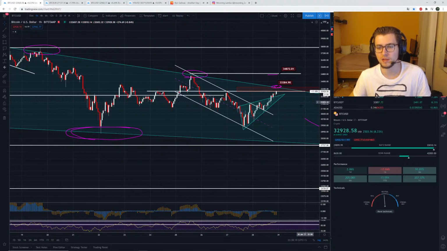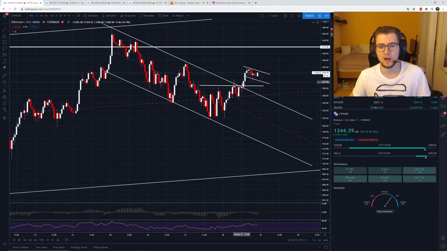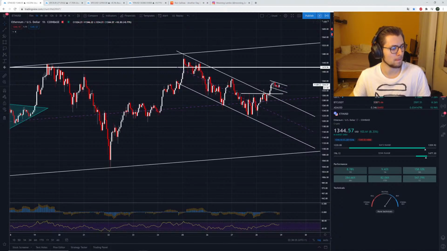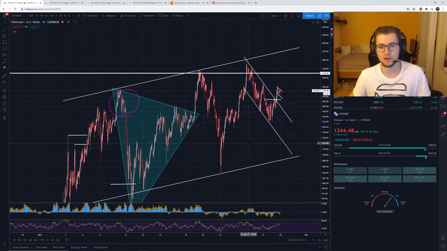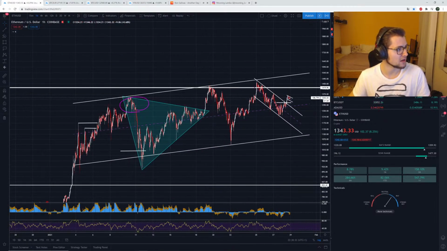So I'm very confident with this long, and my Ethereum trade is also now approximately break even, but a little bit in profit. I also added all the way down here in this downtrend on Ethereum, which is also, of course, a very nice looking chart.